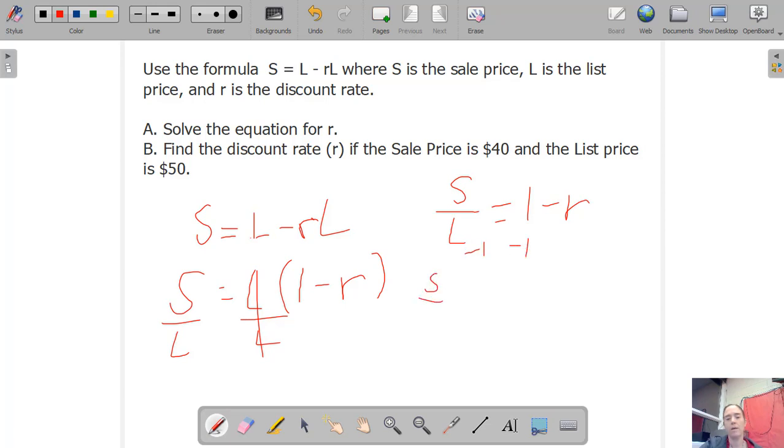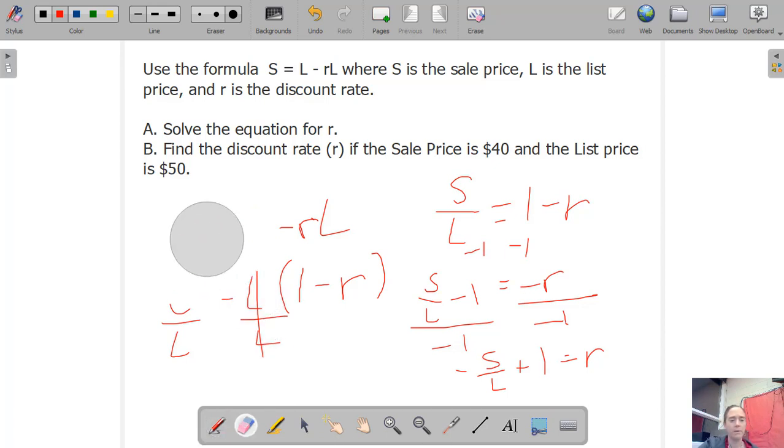So I have S over L minus 1 equals negative R, and then I'd have to divide by negative 1 on both sides. That would give me negative S over L plus 1 equals R. Okay, so that one works too.